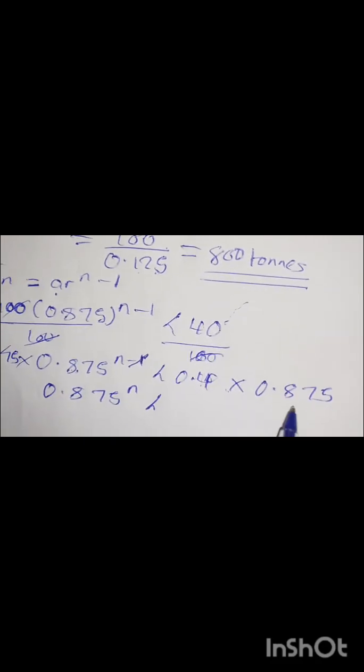So we multiply by 0.875, here and on the other side as well. When you multiply by 0.875, you get rid of the minus 1, so you remain with 0.875 to the power n is less than 0.4 multiplied by 0.875.